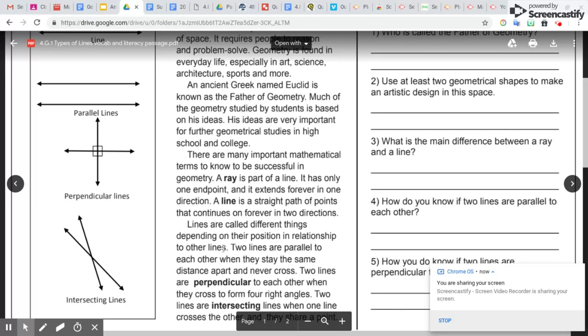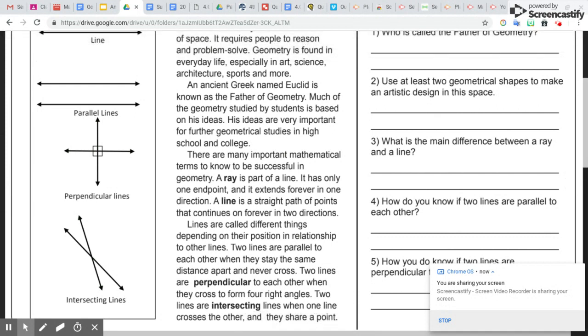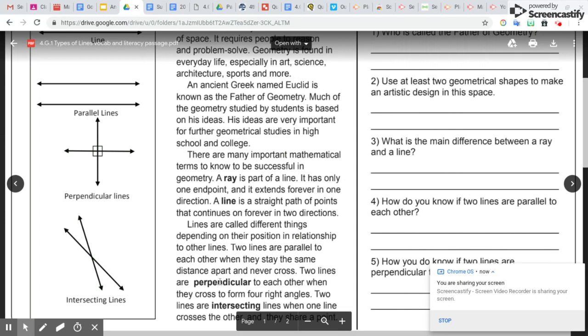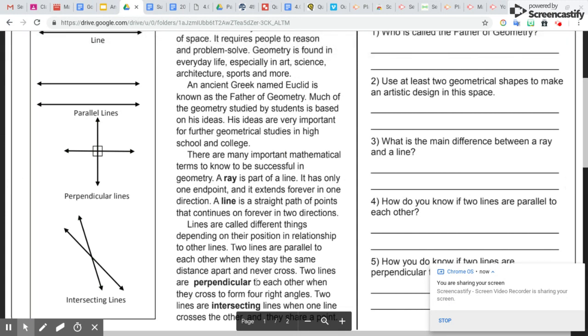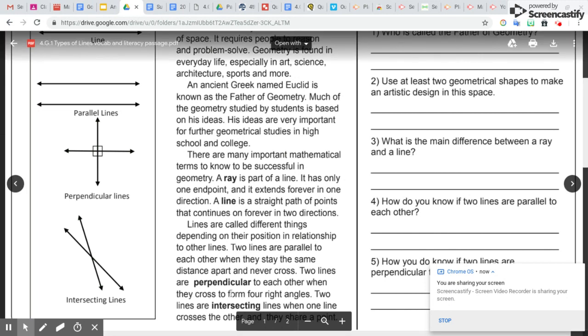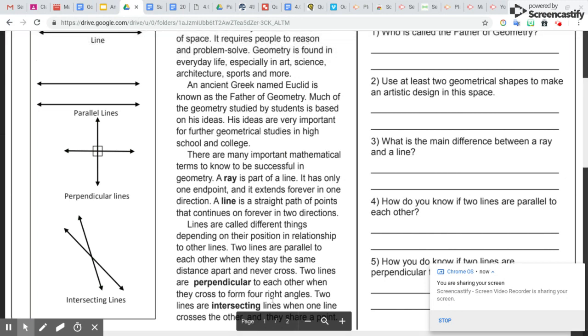Down here in the passage, which you guys will be reading very soon, no worries, it says two lines are perpendicular to each other when they cross to form four right angles.